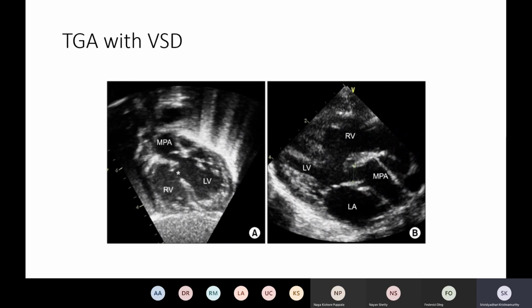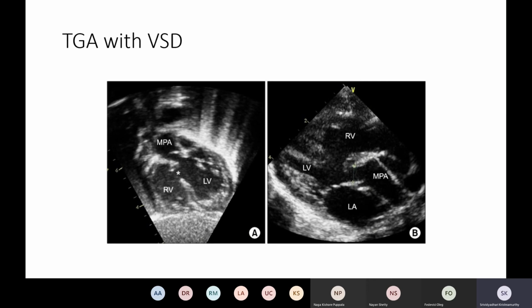So again, TGA is very commonly associated with VSD. As we've discussed, about 40% of the TGA do have an associated VSD. And when we look back into the development as well, the septum and the spiral septum contribute to the perimembranous part of the VSD.